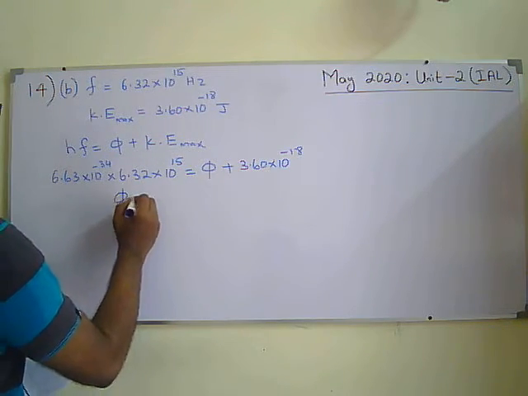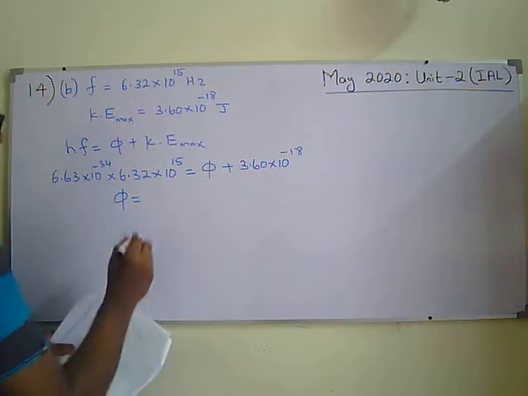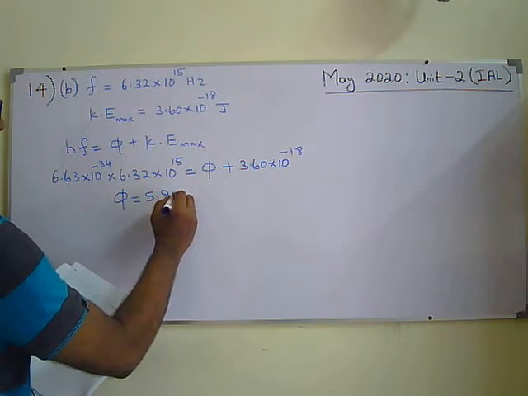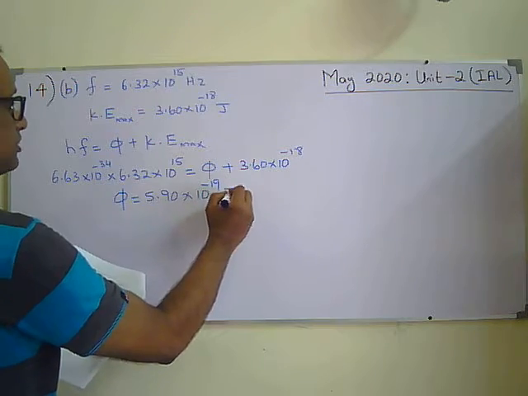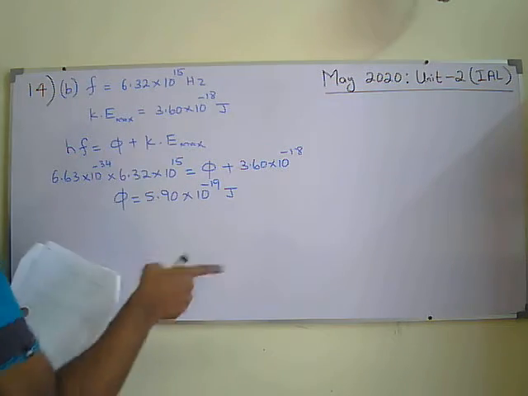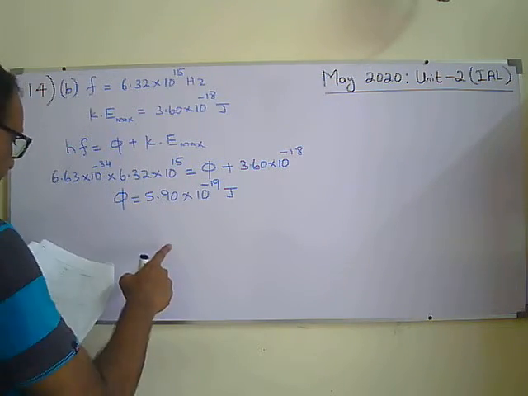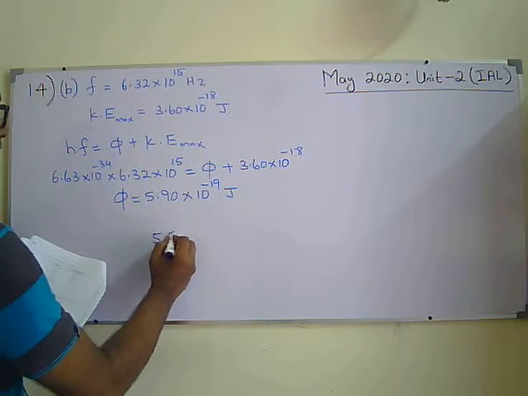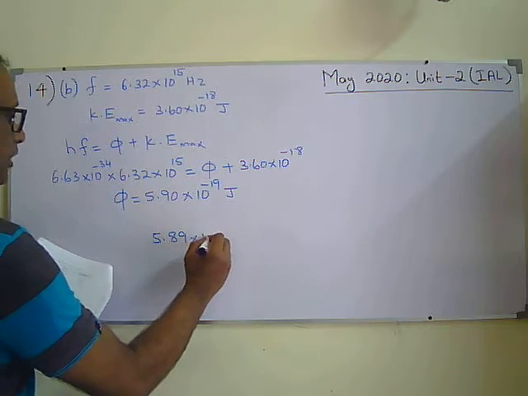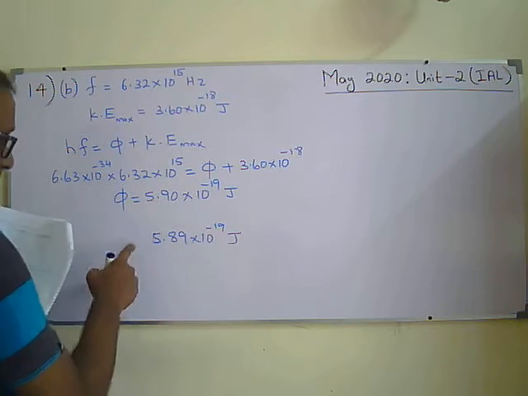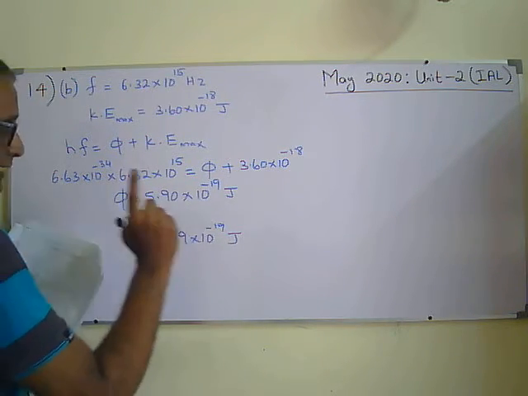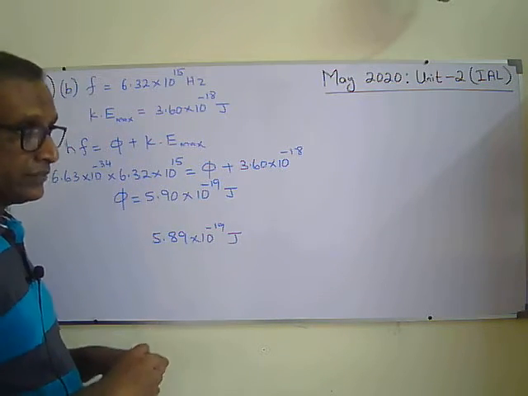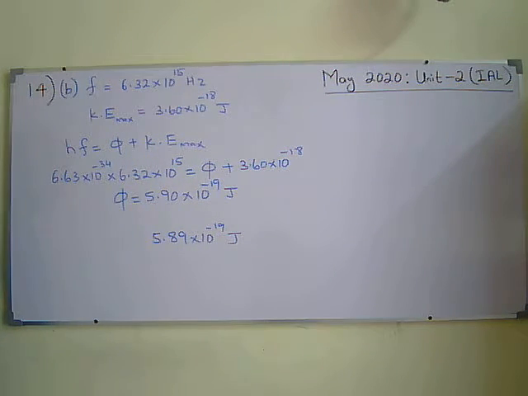Find the work function. So we will get 5.90 times 10 to the power minus 19 joules. So if you compare it with the table, magnesium, they are giving 5.89 times 10 to the power minus 19 joule for magnesium. So it is almost the same, so the metal is magnesium. You should identify the metal, that is magnesium.